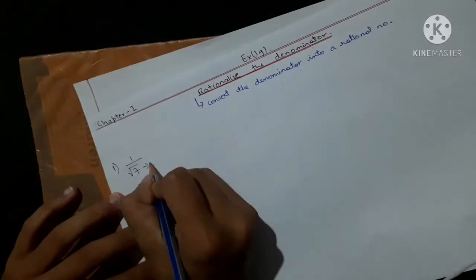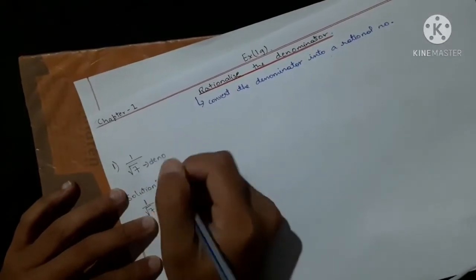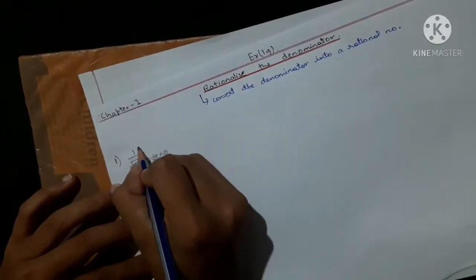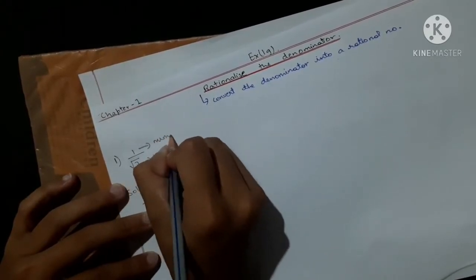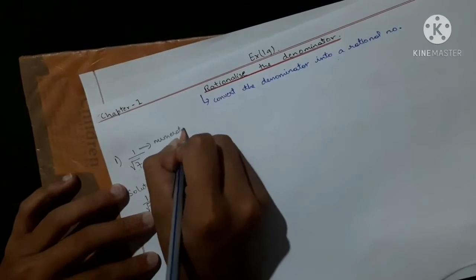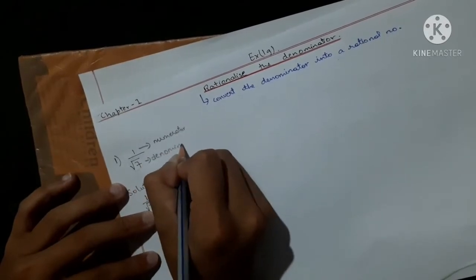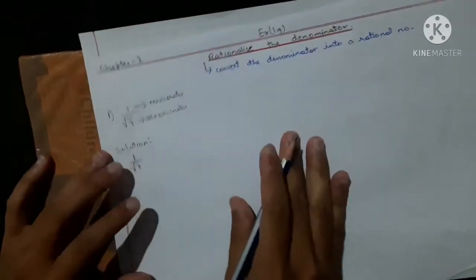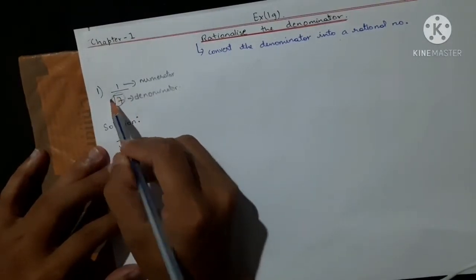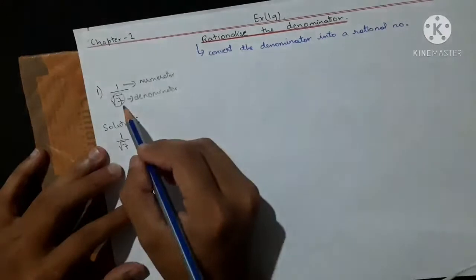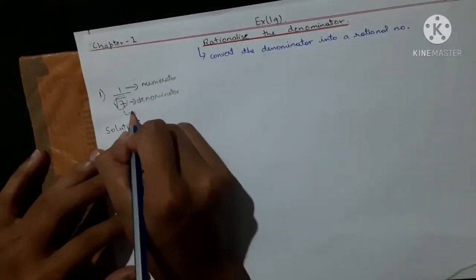This is the denominator, and the one here is known as the numerator. So square root 7 is not a rational number.